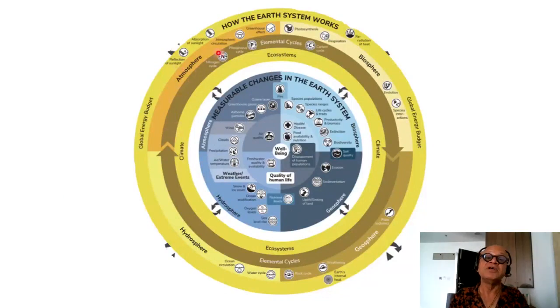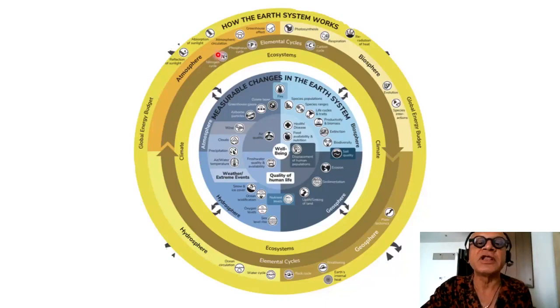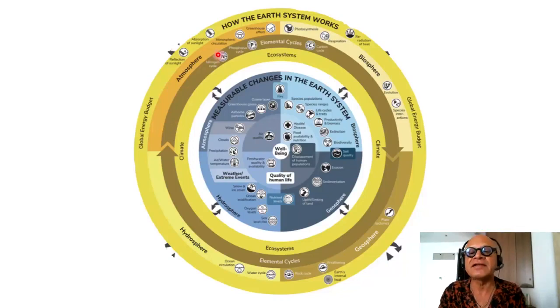For example, again, the atmosphere has atmospheric circulation and greenhouse effect, and the biosphere has photosynthesis, respiration, evolution, and species interactions. And in the geosphere you have plate tectonics and weathering and so on, and recycling of material.